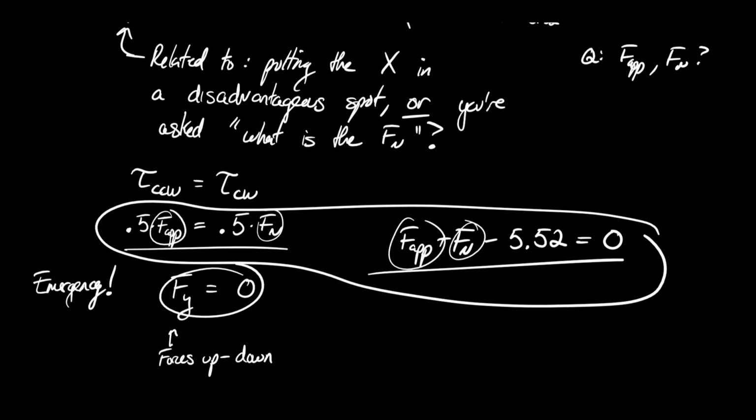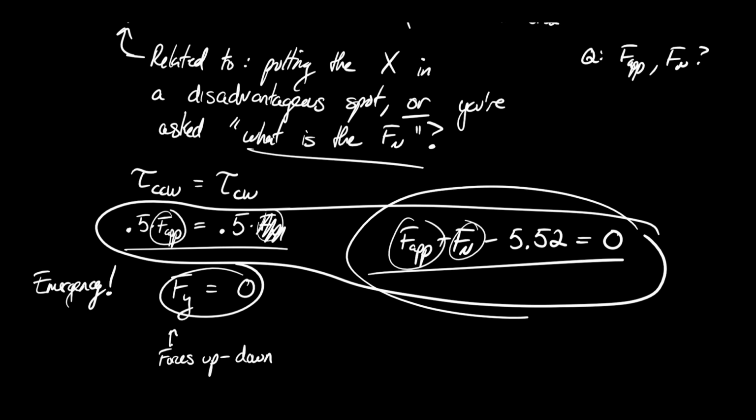Okay? And just another point, sometimes when your professor asks you what is Fn, it just turns out that it doesn't show up in this equation. That tells you that you should still pull the ripcord because it'll tell you what Fn is in terms of FAP that you just found from the other equation.